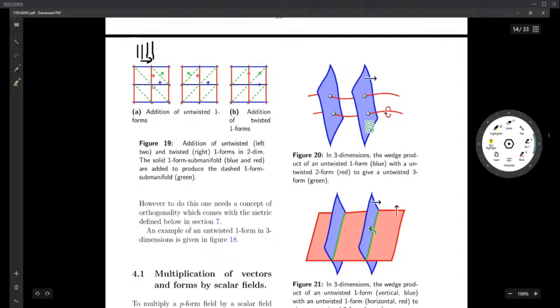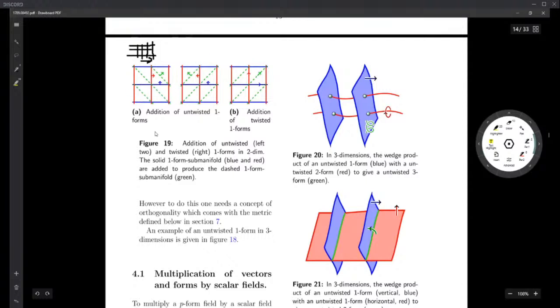And then the blue line is the same, just going this way. That's pretty simple. So what happens when you add both of these forms? It's simple. There are fields going this way and fields going that way, so you just add them and you get a field that's going this way, right?